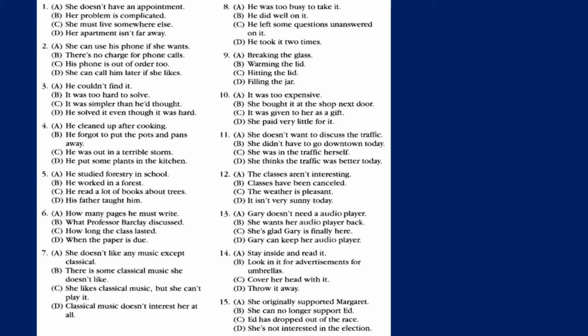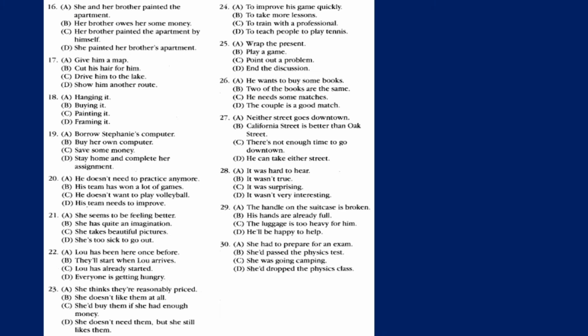So do I, now that Margaret's dropped out of the race. What does the woman mean? Number 16. Did you paint your apartment by yourself? Actually, I got my brother to help. He owed me a favor. What does the woman mean?